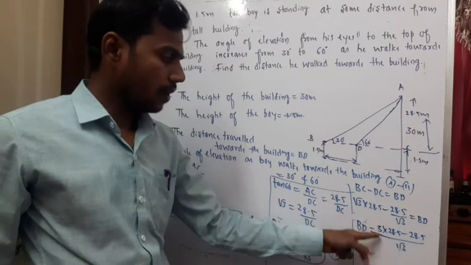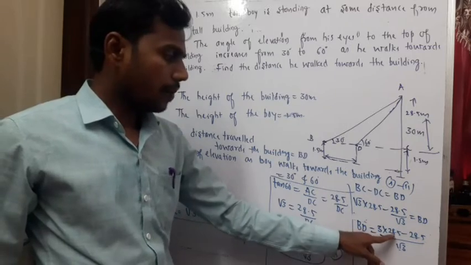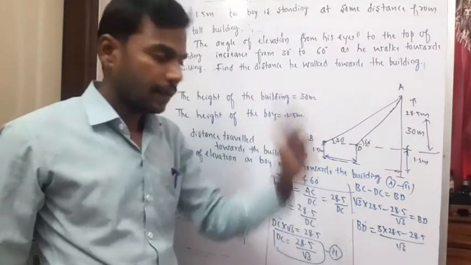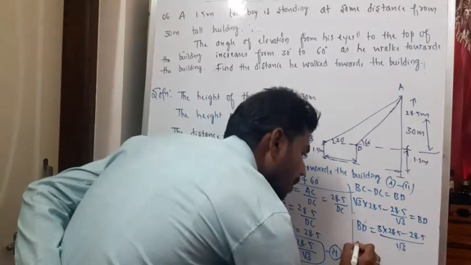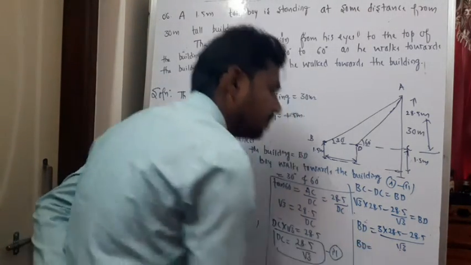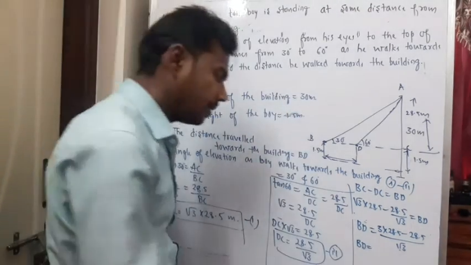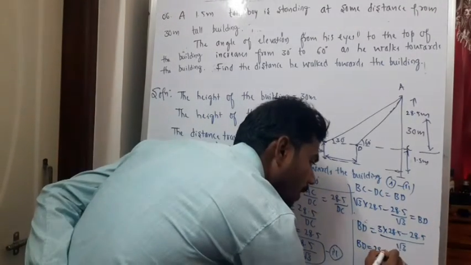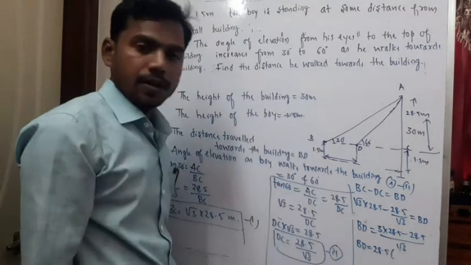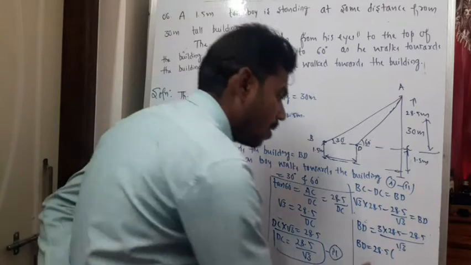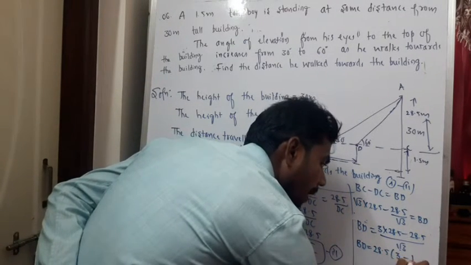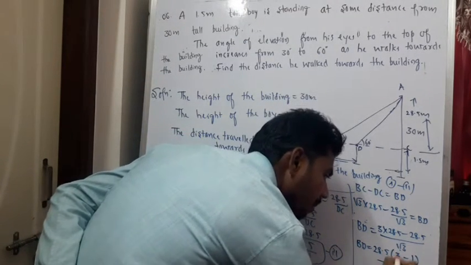Root 3 into root 3 will give me 3 into 28.5 minus 28.5. Now what I should do? BD is equal to 28.5 is common. I'll take it. 28.5. So now what is left? 3 minus 1 divided by root 3.